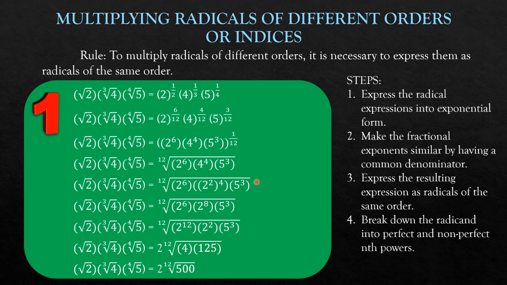Then, break down the radicand into perfect and non-perfect nth powers. So, since the index is 12, para makuhanan natin ng 12 root, kailangan meron tayong magawang factor na ang exponent niya ay 12.